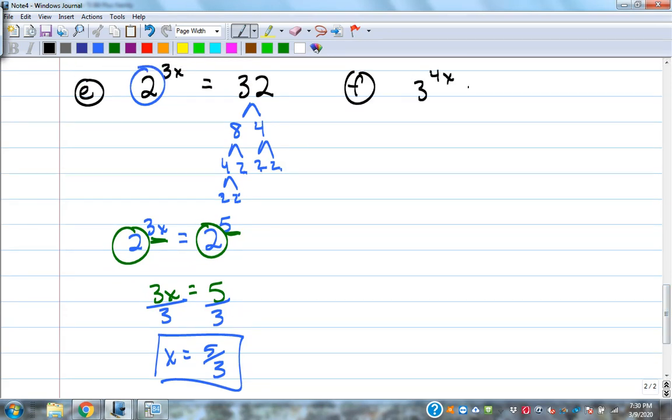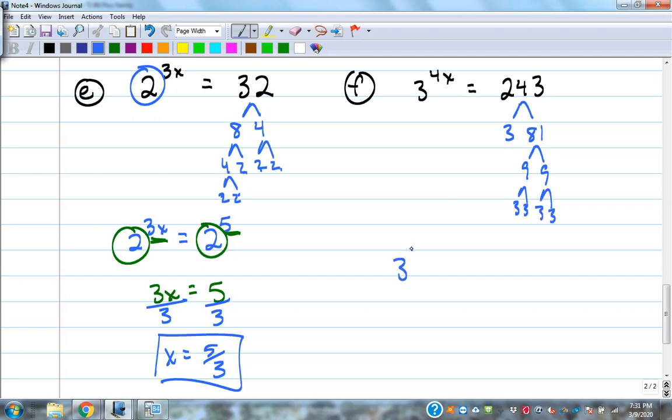3 to the 4x is equal to 243. Okay. Well, I know I can't do anything to a 3, so I'm going to break down 243. 3 goes into it 81 times. That'd be 9 and 9, 3 and 3.